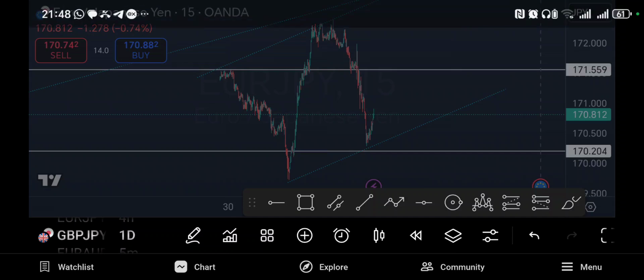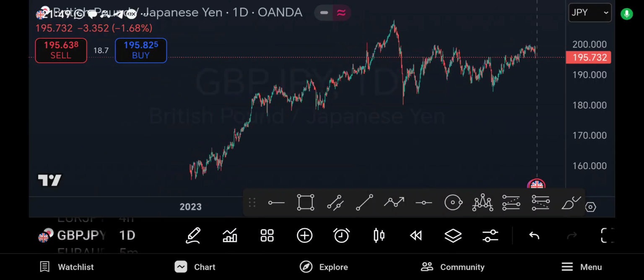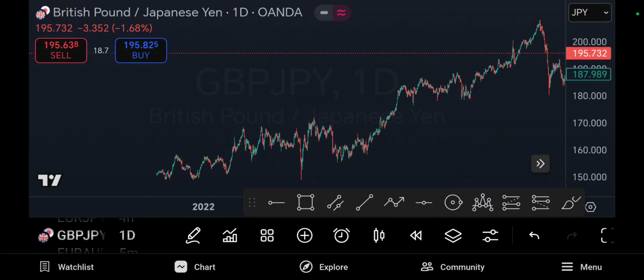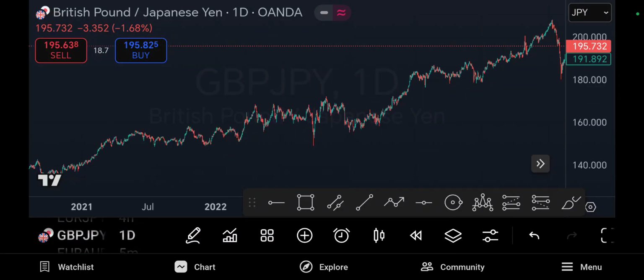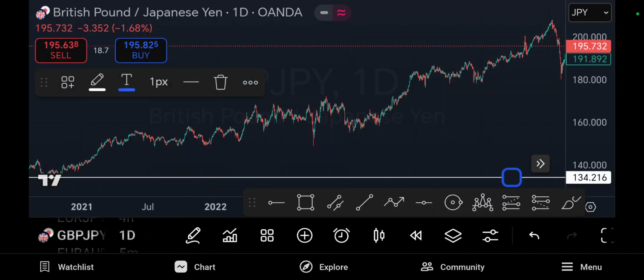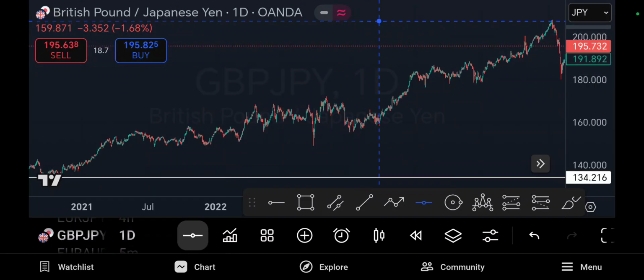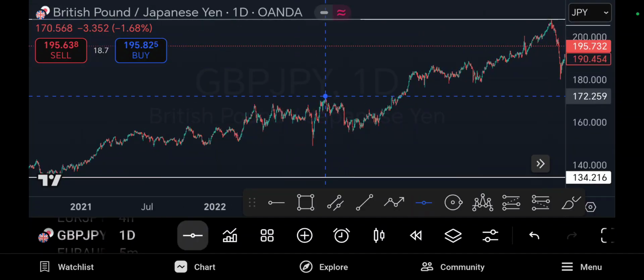Okay, completely new pair, right? I'll just cover this out. Look, I'm using only the left side of the screen. I'm just going to use the left side of the screen.